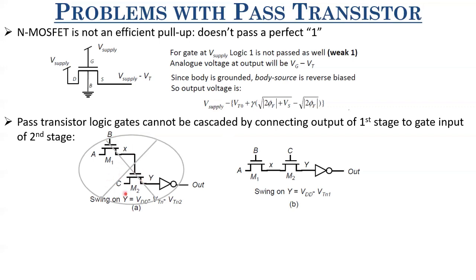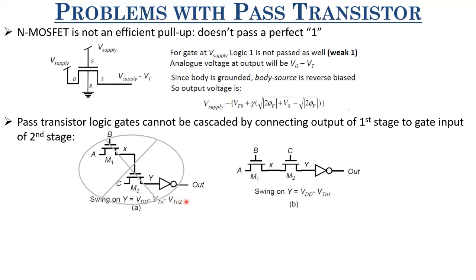Now similarly for this pass transistor, if C is equal to 1 and this voltage is VDD minus VTN1, what would be this voltage? This voltage will be simply VDD minus VTN1 minus the threshold voltage of M2. So whatever you see at Y is not VDD or VDD minus VT of M2. It's actually VDD minus VTN1 minus VTN2.